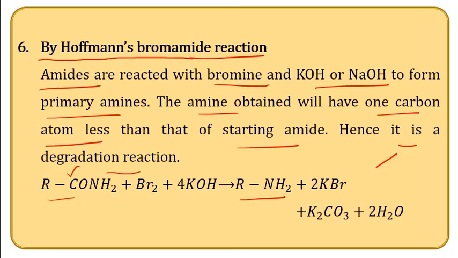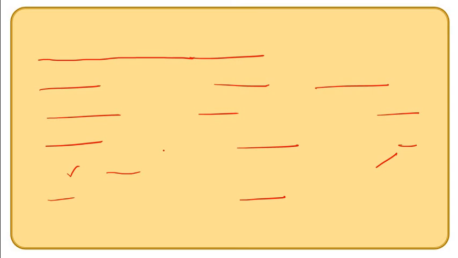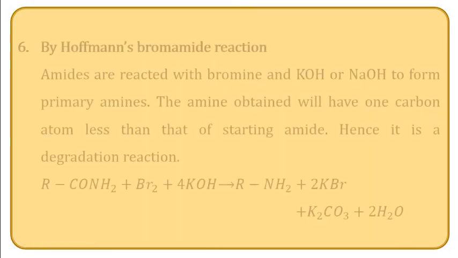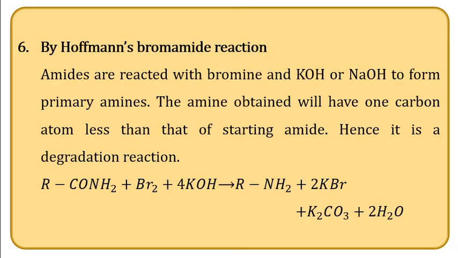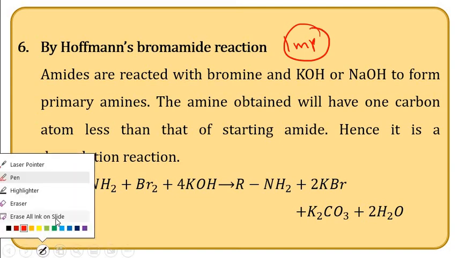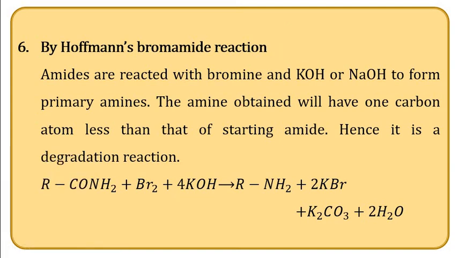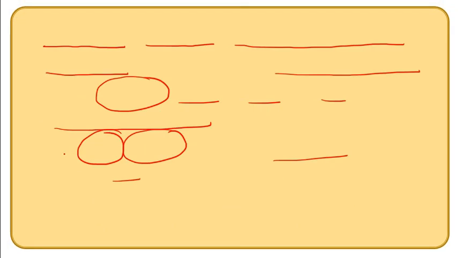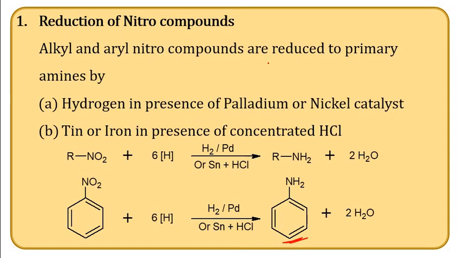Hope you observed all these reactions. The Hofmann bromamide reaction is also one of the most important for board and competitive exams. Once again, let us recapitulate. First, we discussed the preparation of amines from nitro compounds.